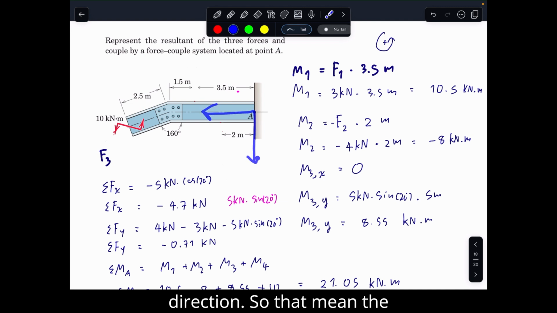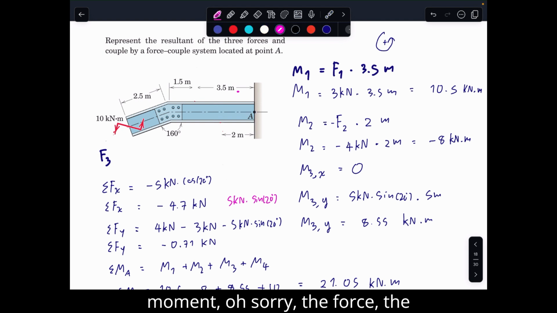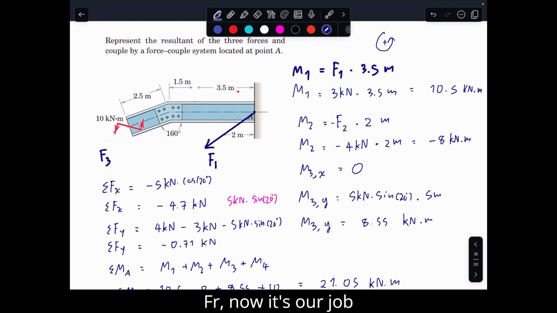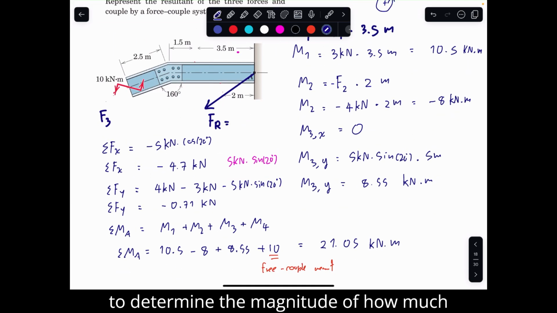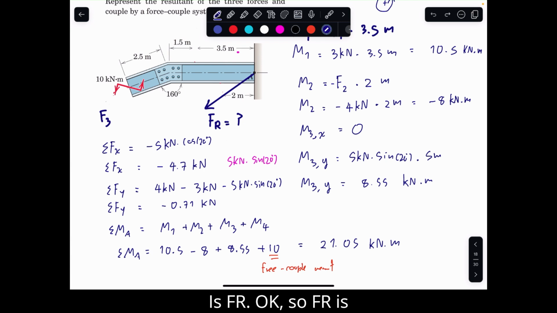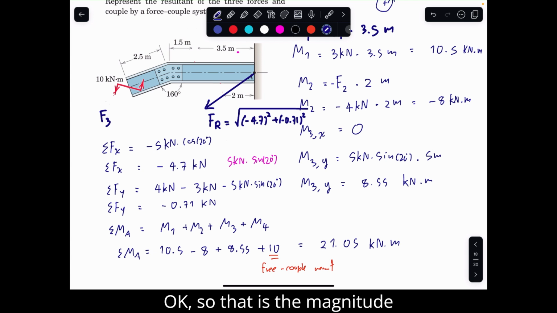Minus Fy is this direction. So the resultant force will act in this direction, Fr. Now it's our job to determine the magnitude of Fr. Fr is easily determined by the square root of minus 4.7 squared plus minus 0.71 squared. That is the magnitude of Fr.